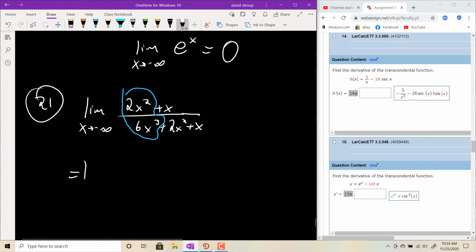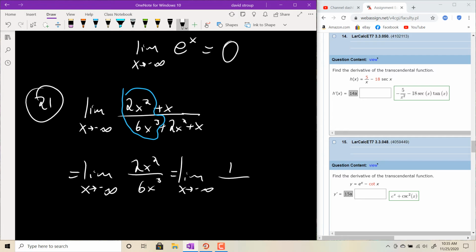Okay. So this will be limit as x goes to negative infinity of 2x squared all over 6x cubed. And then that will be the limit as x goes to negative infinity of 1 all over 3x. And then that's L over infinity form, which will just be 0.